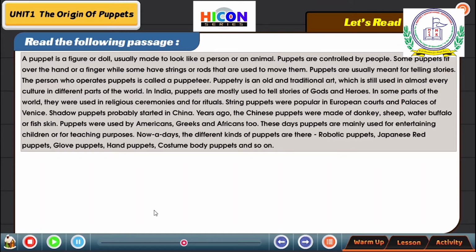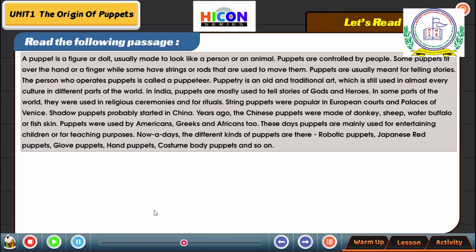Puppets were used by Americans, Greeks, and Africans too. These days, puppets are mainly used for entertaining children or for teaching purposes. Nowadays, the different kinds of puppets are there, like robotic puppets, Japanese red puppets, glove puppets, hand puppets, costume body puppets, and so on.